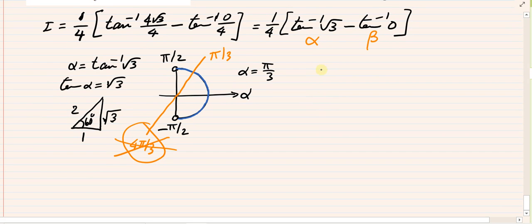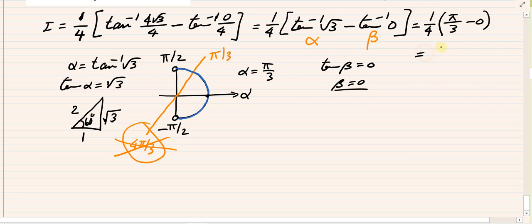Now, for beta, we know tangent of beta is 0. By the same token, the only way tangent can be 0 inside the range of the inverse is if beta is 0. That takes care of what's inside the bracket. So it's going to be 1/4 times pi over 3 minus 0, and the final answer is pi over 12.